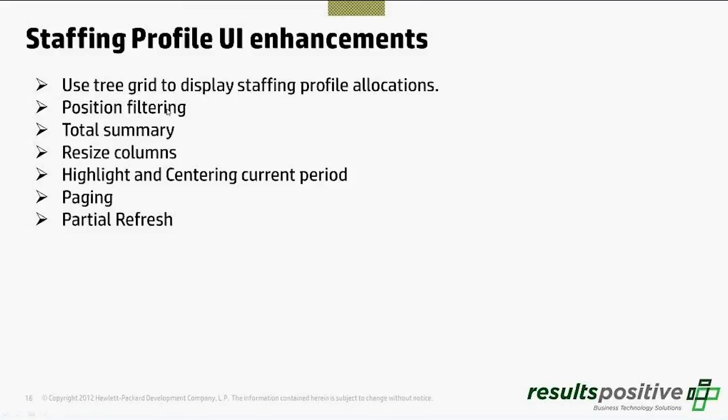There's position filtering added, total summary at the very bottom, the total summary of the staffing profile data is there, the ability to resize columns, the highlighting and centering of the current period, and there's paging and partial refresh capability also added from a performance perspective.